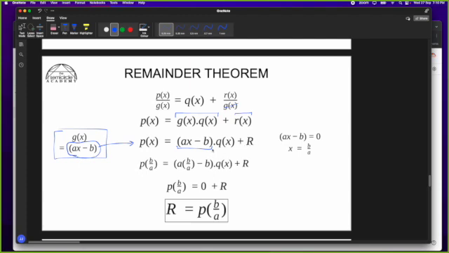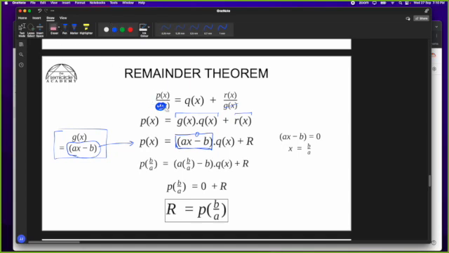But I noticed something. This was somehow equal to 0. And you don't usually want your divisor to be 0, because if g of x was 0, then this entire thing would be p of x divided by 0, and that is undefined.